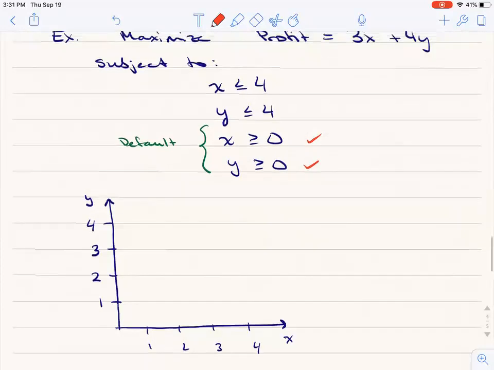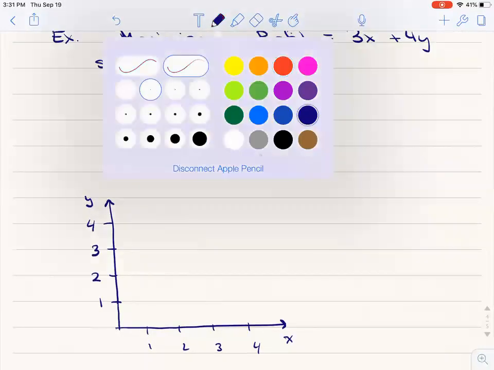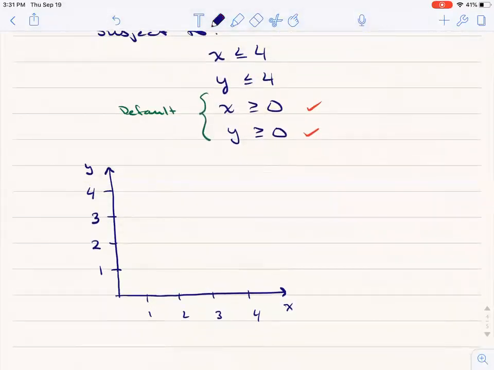X has to be less than or equal to 4. So what I'm gonna do is draw a line at x equal to 4, to try to make it as straight as I can. I'm not that good at drawing straight lines. Okay, but so this is x equal to 4.